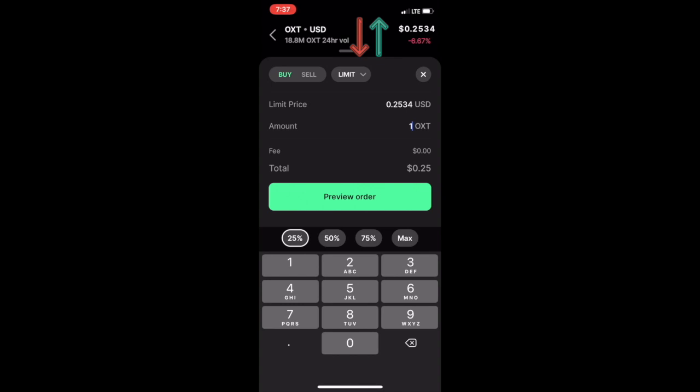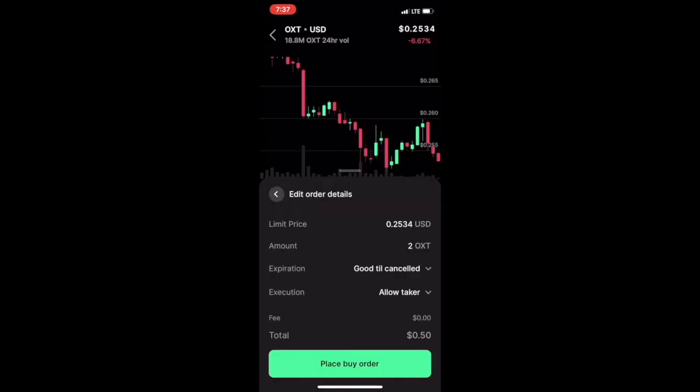Right now, as I'm making this order, it's actually remaining the same, but they might enter that limit price, and then they're looking through the numbers. They're typing, maybe they want 2. They're previewing the order, and as they're doing this, the price on the market might actually change. So now when they set their buy order, just like I showed you before, I wanted to buy it at a better price, it won't be filled.